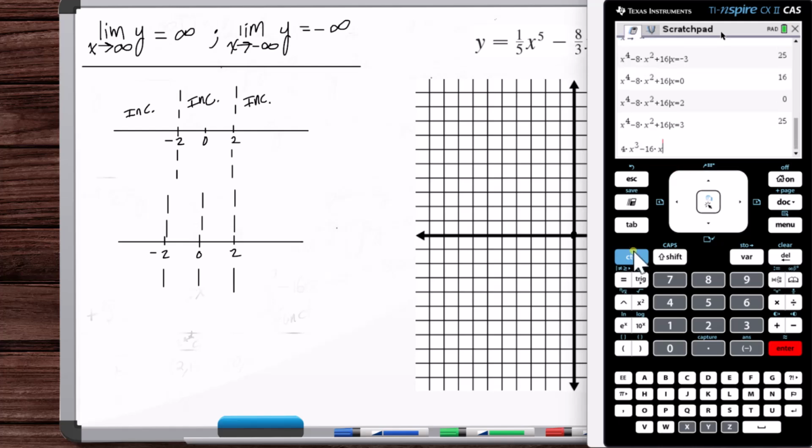So there's the second derivative. Okay, so minus 3. All right, so it's concave down here.